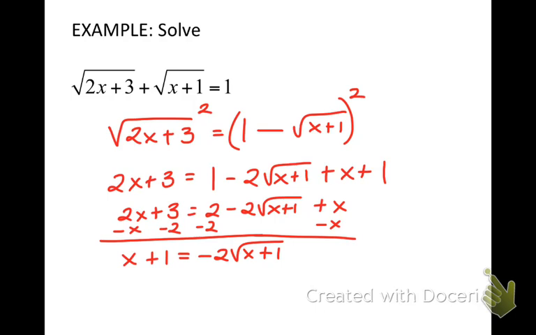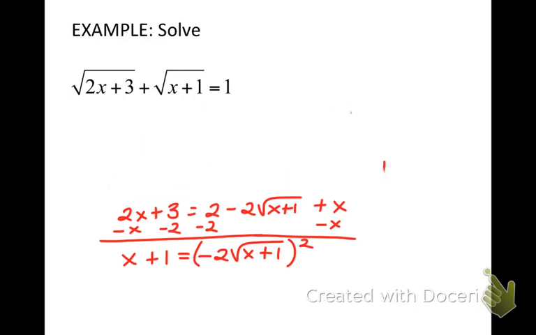So since this is mostly isolated, we can square the right side. When I square the right side, I'm going to move up here so people in the back can see. I need to make sure I square both the negative 2. So negative 2 squared is a 4. And when I square the square root of x plus 1, that would just get rid of the square root sign.